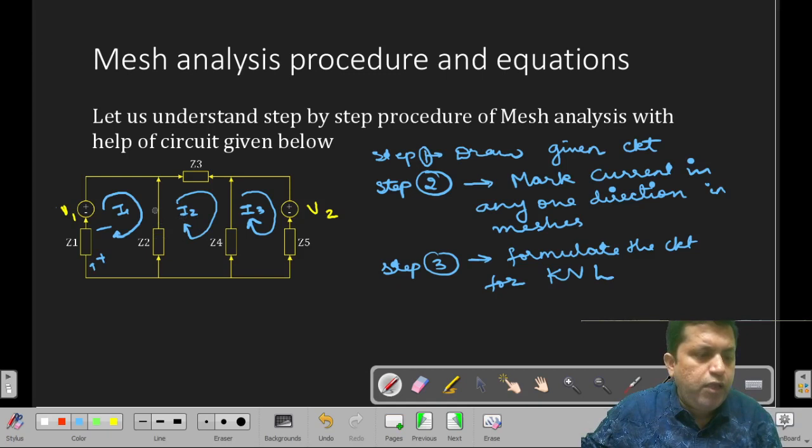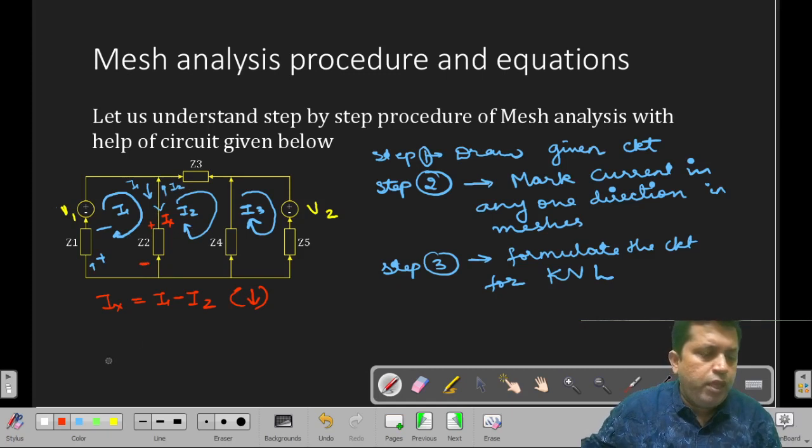Similarly, considering the current in Z2, there are two currents flowing, one in this direction, that is I1, and one in upward direction, that is I2. So if I say this current is Ix, then Ix is equal to I1 minus I2, and it is in downward direction, so this will be plus, this will be minus.